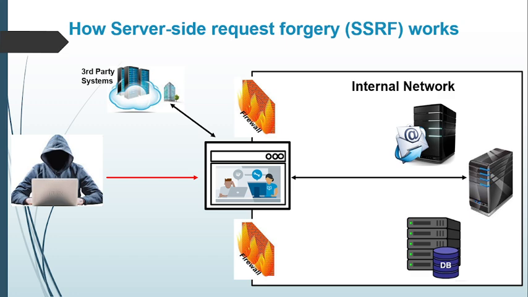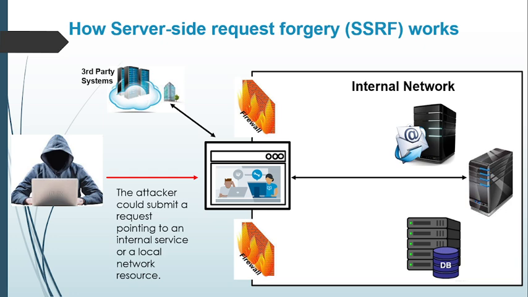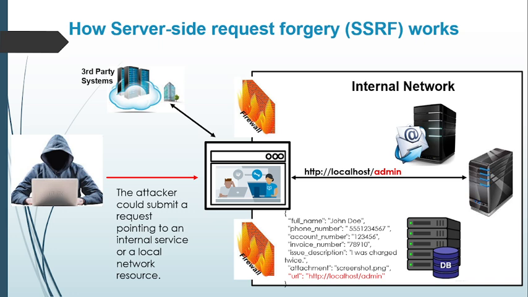And now how can an attacker actually take advantage of this platform, of this service? What the attacker may do is submit a request pointing to an internal service or a local network resource. For instance, localhost/admin, where the attacker will provide some information and the URL pointing to an internal service, in this case localhost/admin panel.